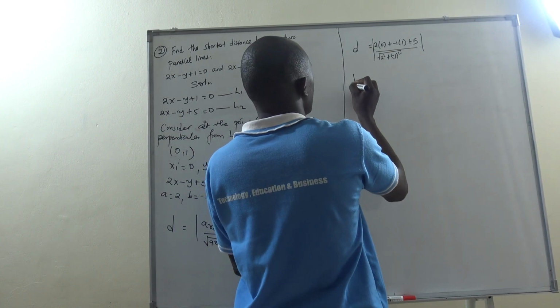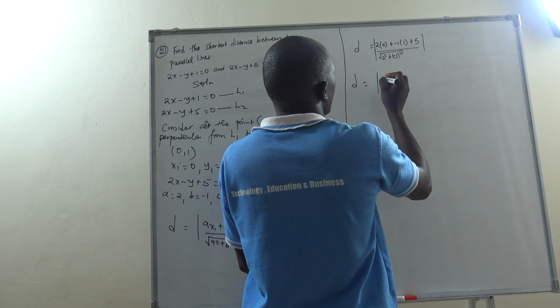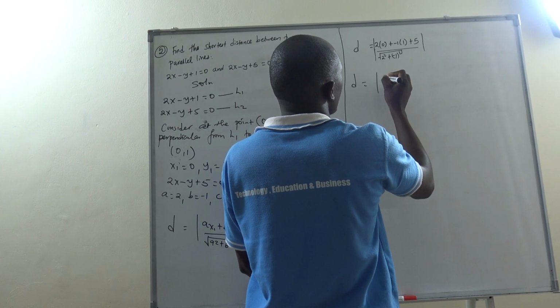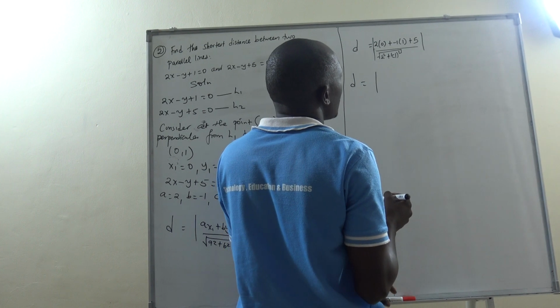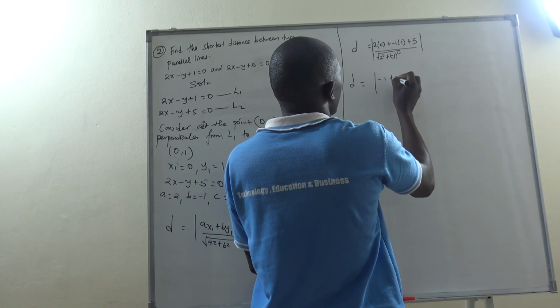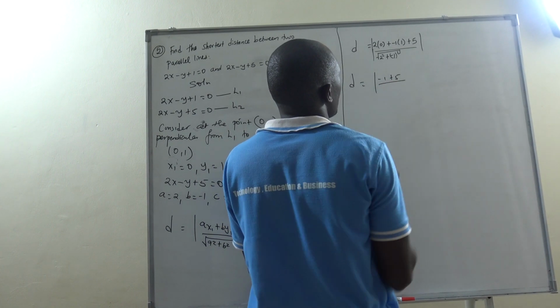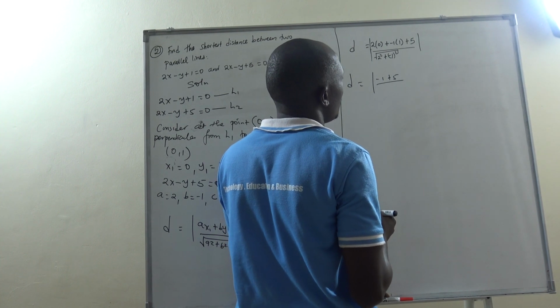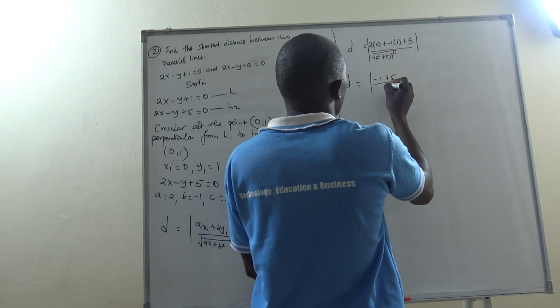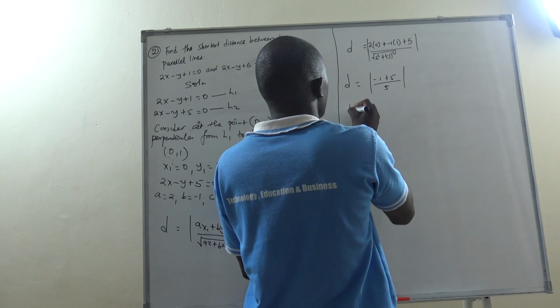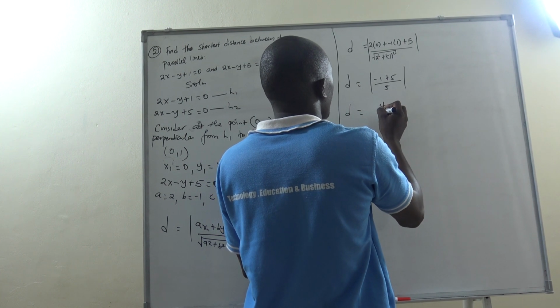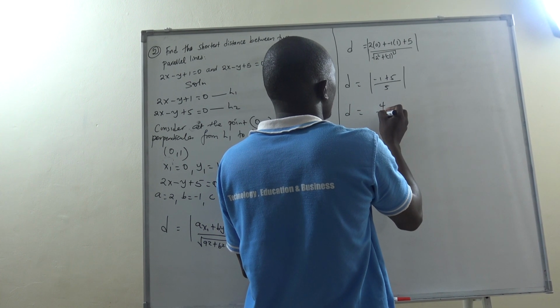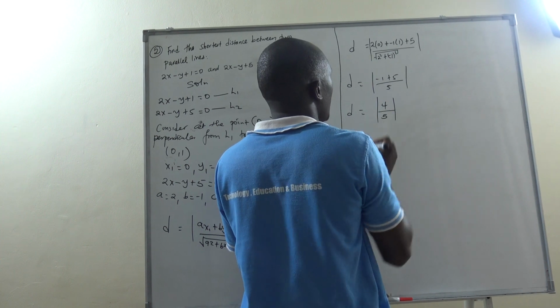So what is d? D becomes 2 times 0, which is 0, plus -1 times 1, you get -1, plus 5, all over 2 squared, you are getting 4, and 4 plus 1, it is still 5. So what are you getting? D equals 4 out of 5 in magnitude.